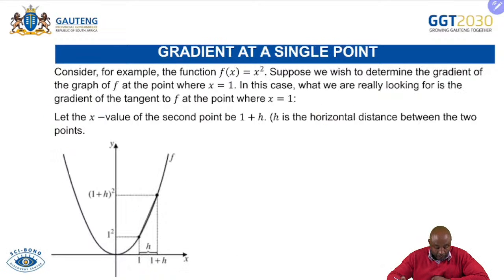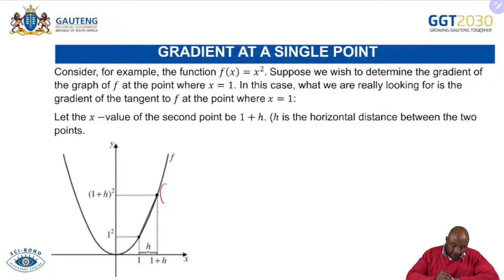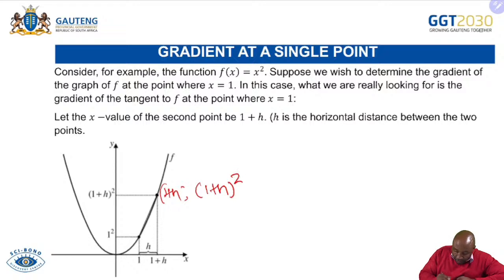Now, I've used 1 plus h to illustrate that if our x value at that first point is going to be 1, and the distance between the first point and the second point is h, the second point will now have the coordinates 1 plus h, and the y value there becomes 1 plus h squared.